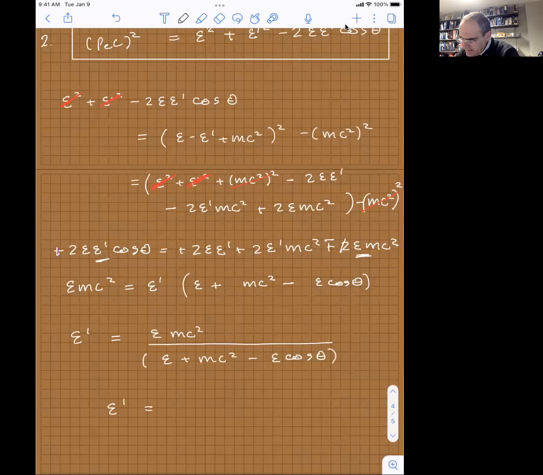E prime is equal to the initial photon energy divided by E over mc squared times 1 minus cosine theta. And that's it. Let's put a box around this.